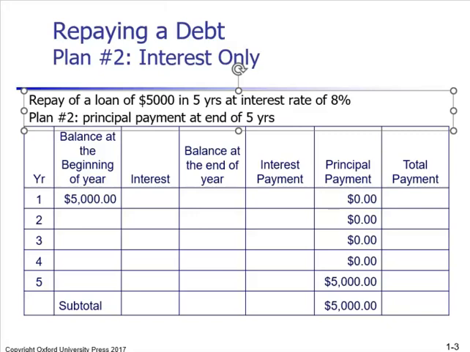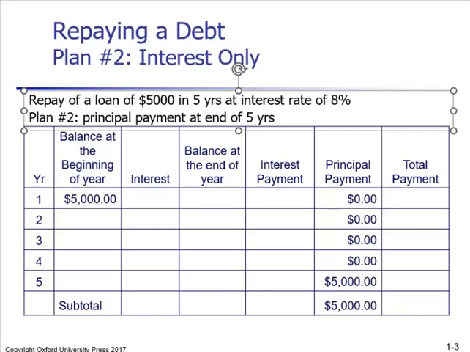But before you see what will happen, you stop the video and you try to fill out the table yourself to see when the client says they don't want to pay any principal amount, they want just to pay interest. So they avoid interest on interest. How would the plan look like?